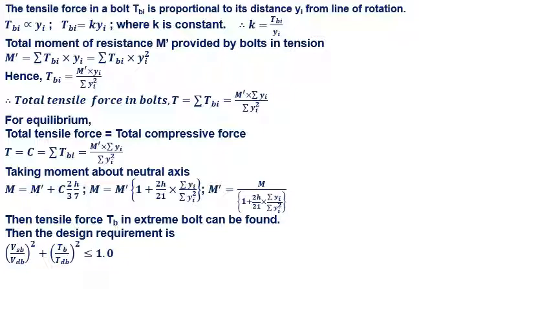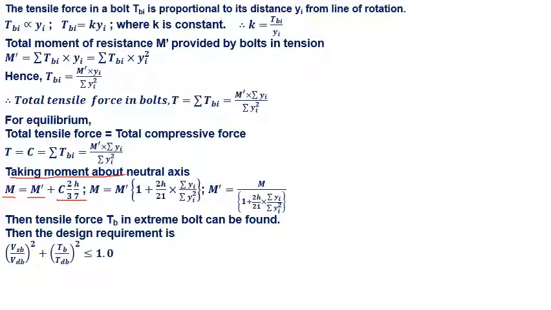For equilibrium, total tensile force equals total compressive force. From this, we have to calculate total moment. Total moment is equal to moment carried by the tensile zone plus moment carried by the compressive zone.